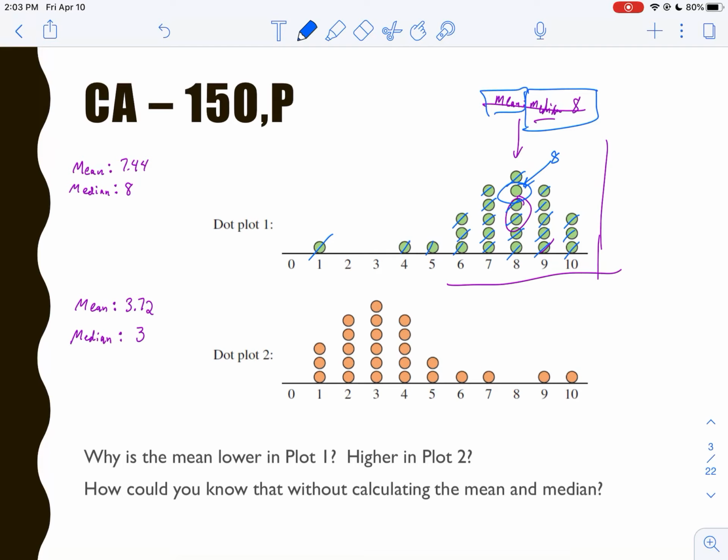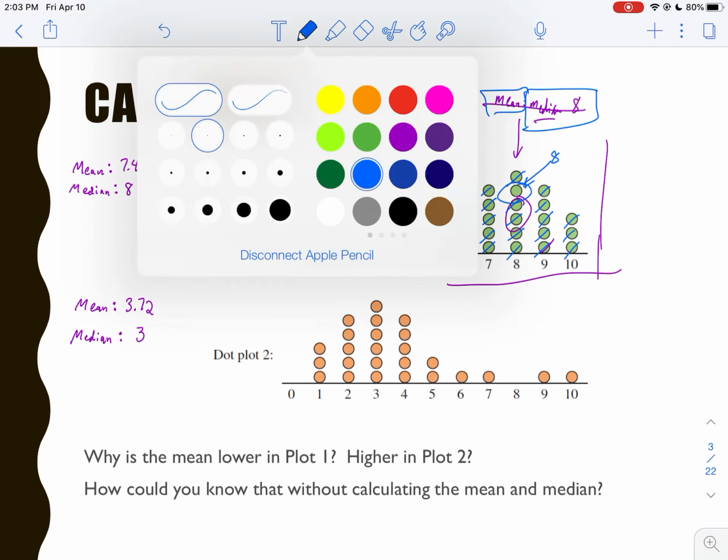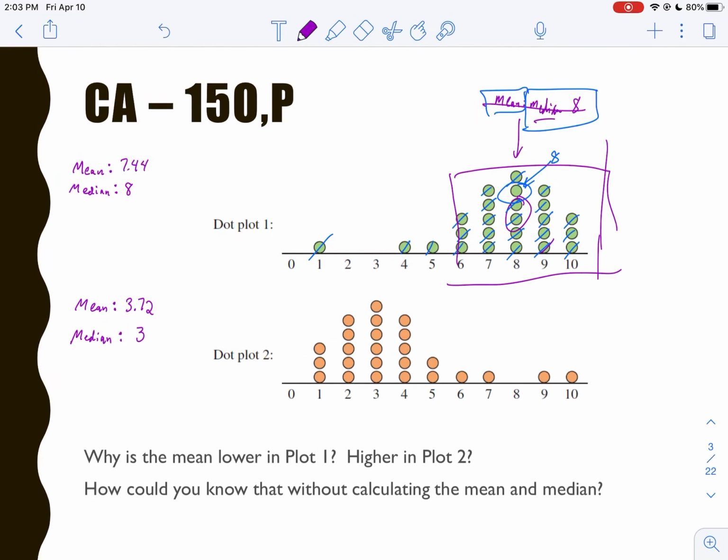But think about the mean. What's going to happen with the mean? And not necessarily adding them all up and dividing by however many they are. Think about it in leveling out. When I looked just at this symmetric set, when I leveled everything out, I took 2 chicken nuggets away from the person who ate 10, and I gave it to the person who ate 6.